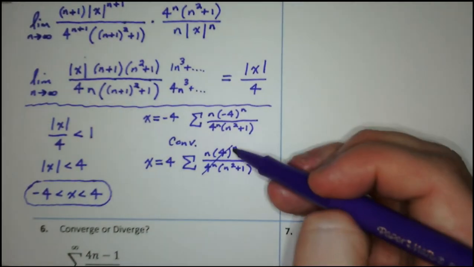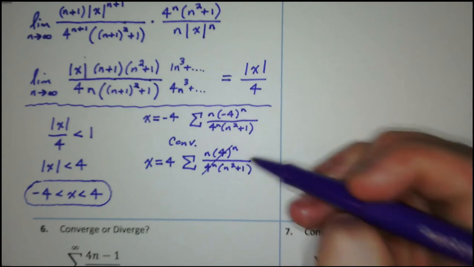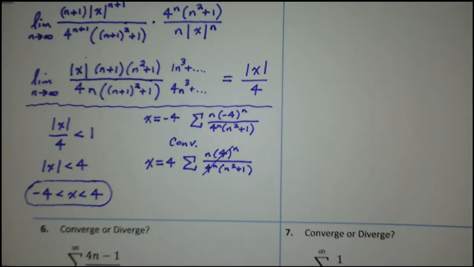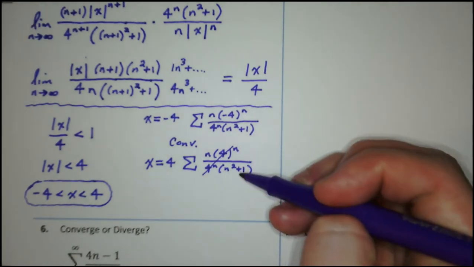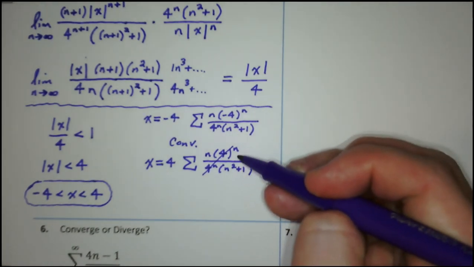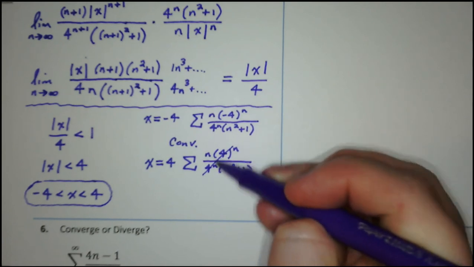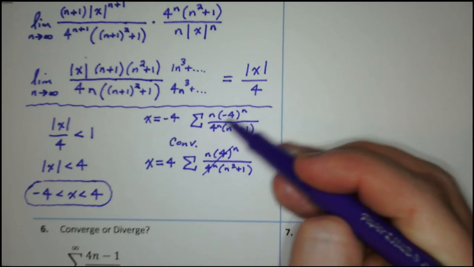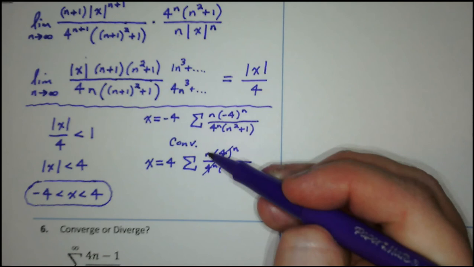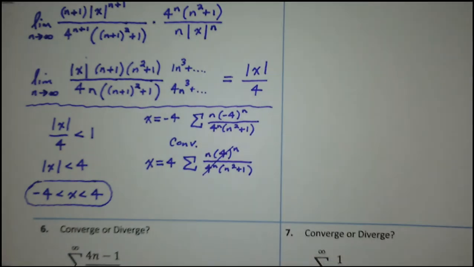Checking n over n squared plus 1, it's not a p-series, not geometric. You could try the integral test here. Because again, this is not alternating. This was an alternating series. This is just n over n squared plus 1.